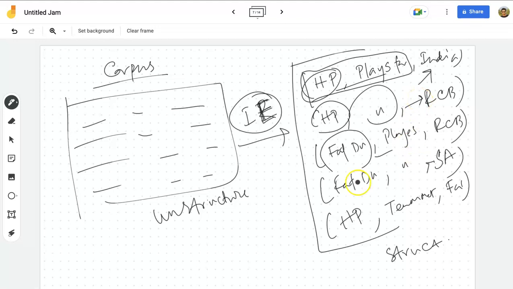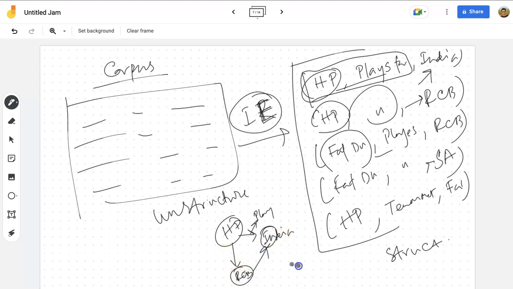You can also connect it like a graph kind of architecture. So Harshal Patel is connected with India with some kind of place relation. Similarly, Harshal Patel plays for RCB. RCB is connected to India.